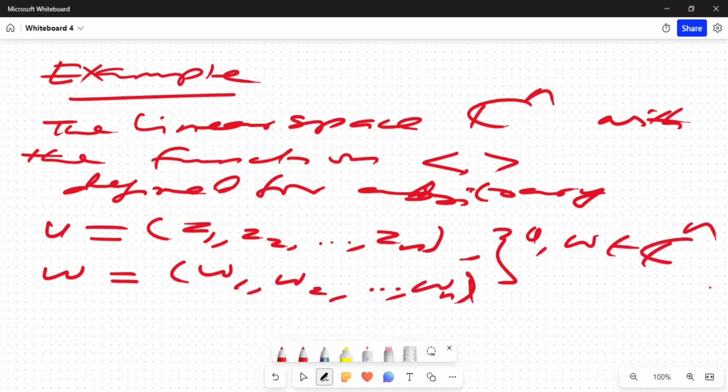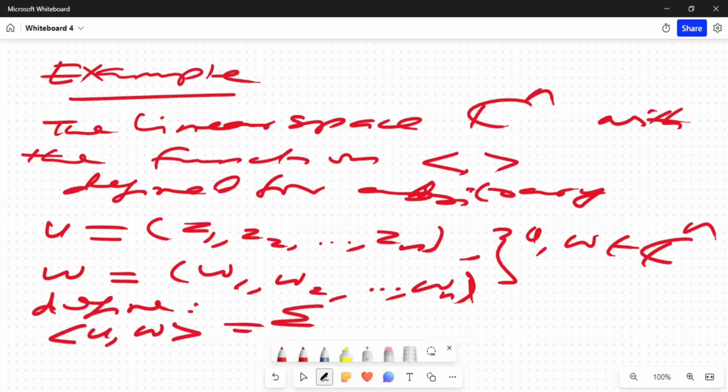So if you now define the inner product of u, w by the summation, i running from 1 to n, of zi times wi conjugate, you can see zi wi conjugate.